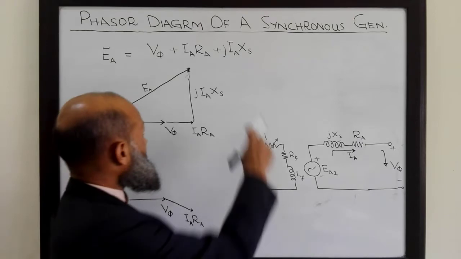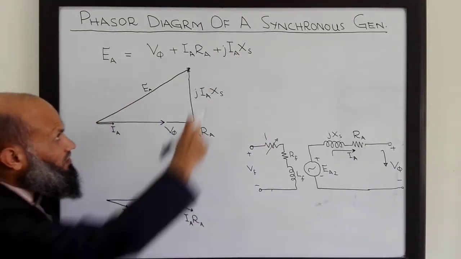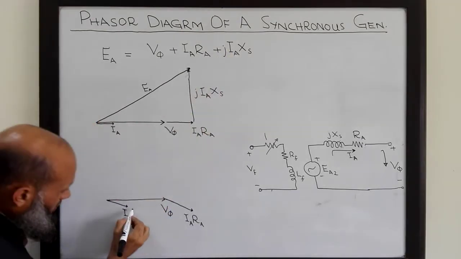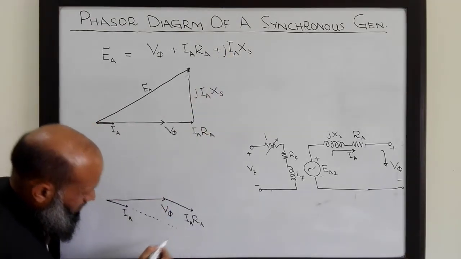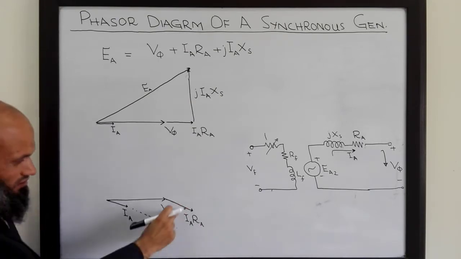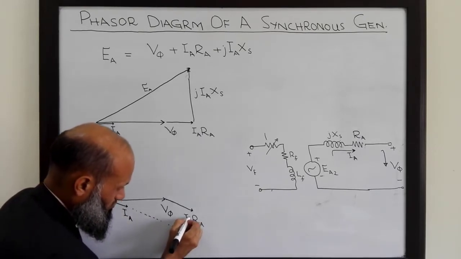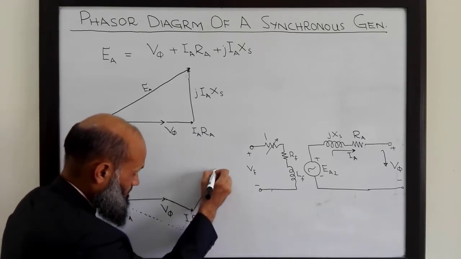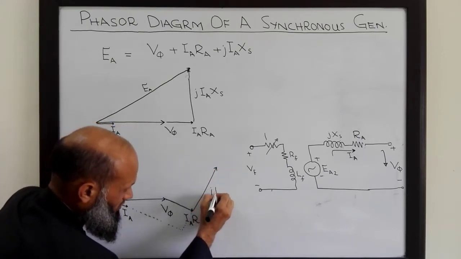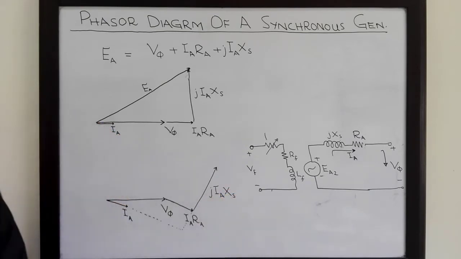Next, what is the phasor for this JIA XS? J multiplied by IA will be perpendicular to IA. Also perpendicular to this vector, because this phasor is parallel to this phasor. So JIA XS.